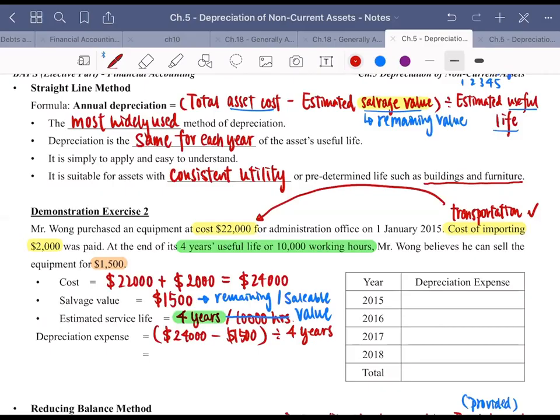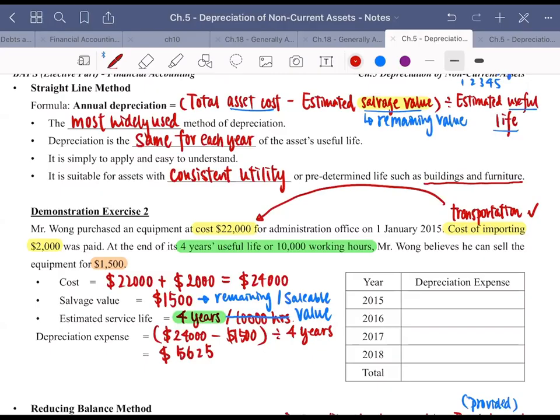I'll give you some time to calculate. It is very obvious. We have the formula already, and we are just calculating the amount, which is $5,625.